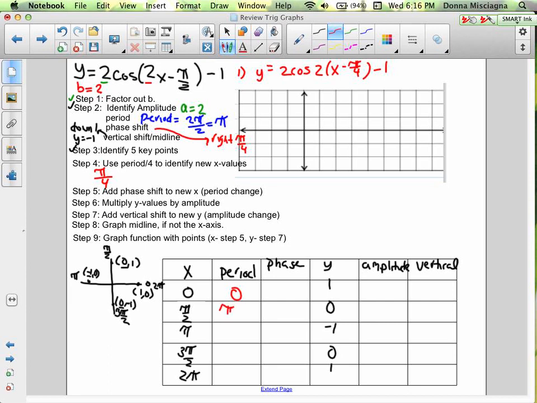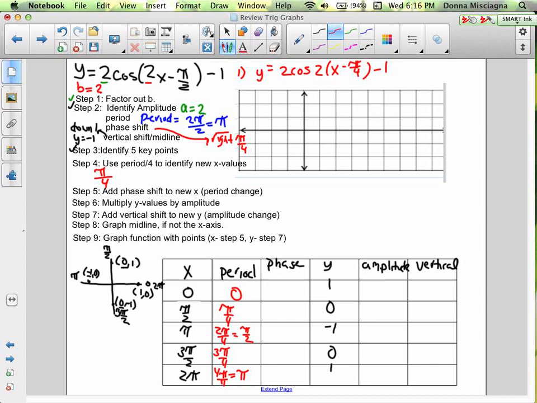So 1 pi fourth, 2 pi fourths, which we could write as pi halves, 3 pi fourths, and 4 pi fourths, which we could write as pi. Notice that our last value matches the period, and that always has to be the case.